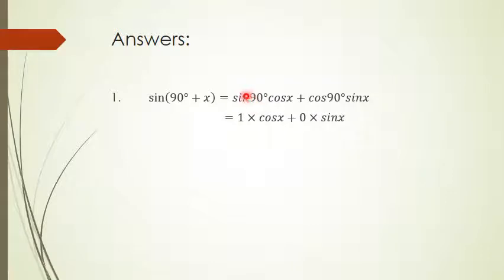And substituting for the values, sine 90 degrees is 1, cos 90 degrees is 0, and simplifying, 0 times sine x is 0, so we remain with 1 multiplied by cos x, which is cos x.